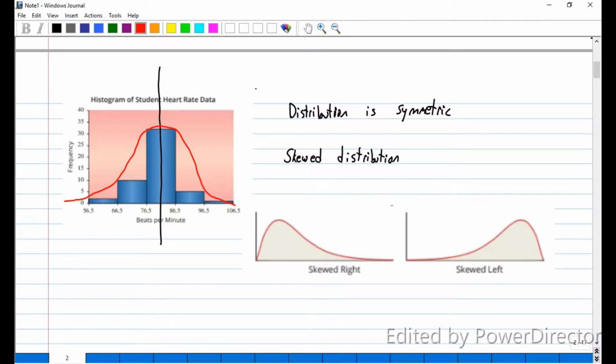All right. This shape right here that I made, the one that I drew here, where it was symmetric, that's called bell-shaped.